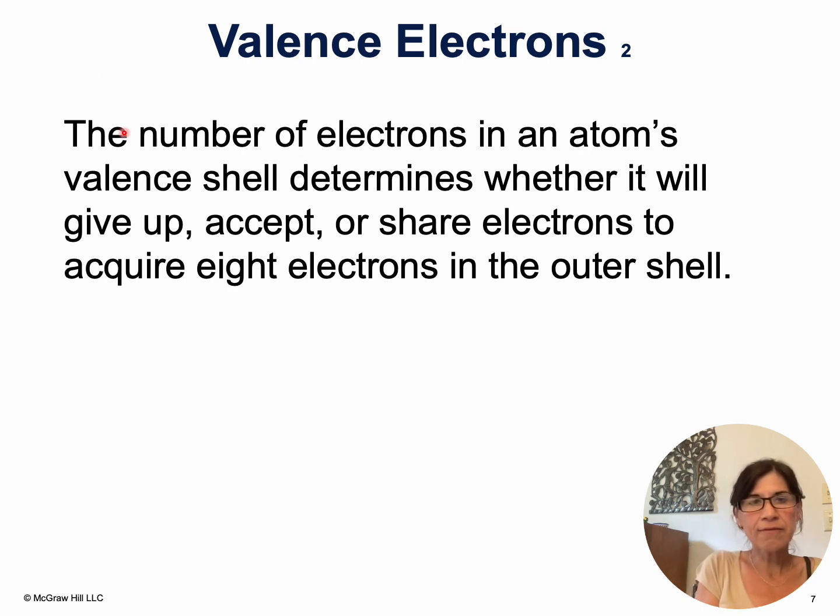Okay, so that's what I have here. The number of electrons in an atom's valence shell determines whether it will give up, accept, or share electrons to acquire 8 electrons in the outer shell. The goal for the atom is to have 8 valence electrons, because valence electrons are the electrons in the outermost shell.